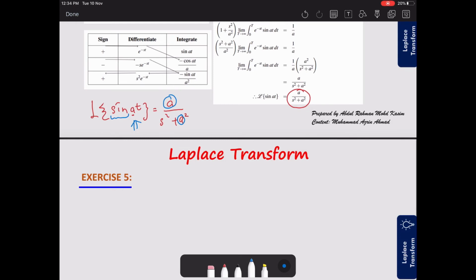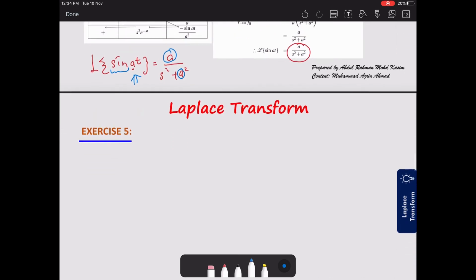For example, let's proceed to the example of the Laplace of the trigonometric function. Let's say you have one function f(t) in terms of sine 2t. As I said to you, you need to determine what is a in your question.